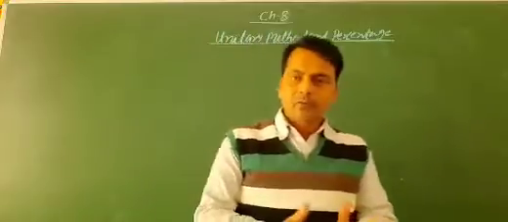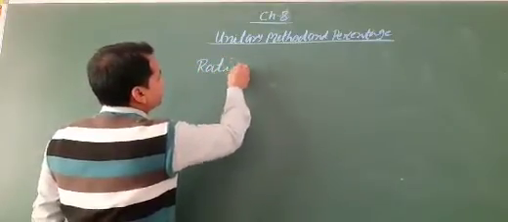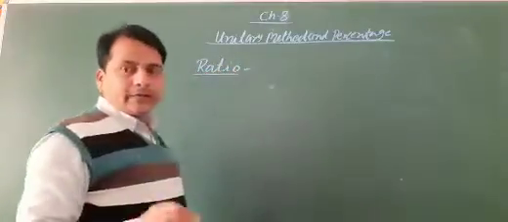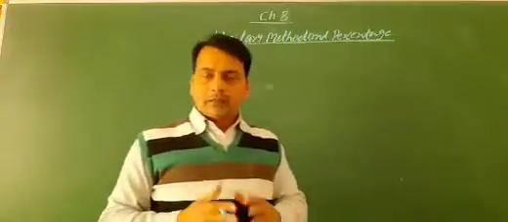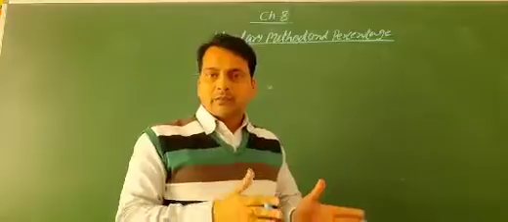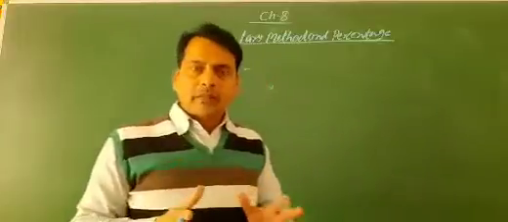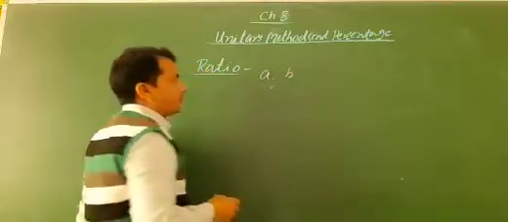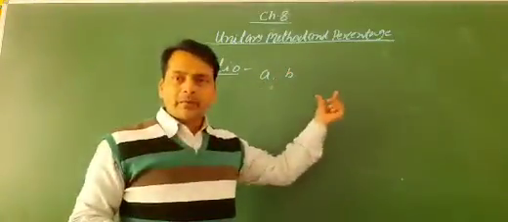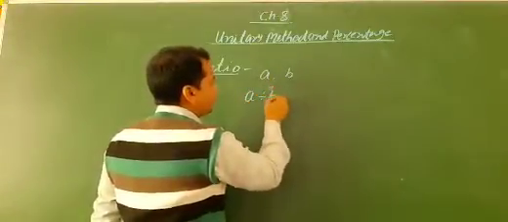First of all we will discuss the ratio. The first term of this chapter is ratio. So ratio means, as you know, the comparison between two quantities by dividing one quantity by the other quantity. Suppose there are two numbers a and b, and a is divided by b, so we can write a divided by b.